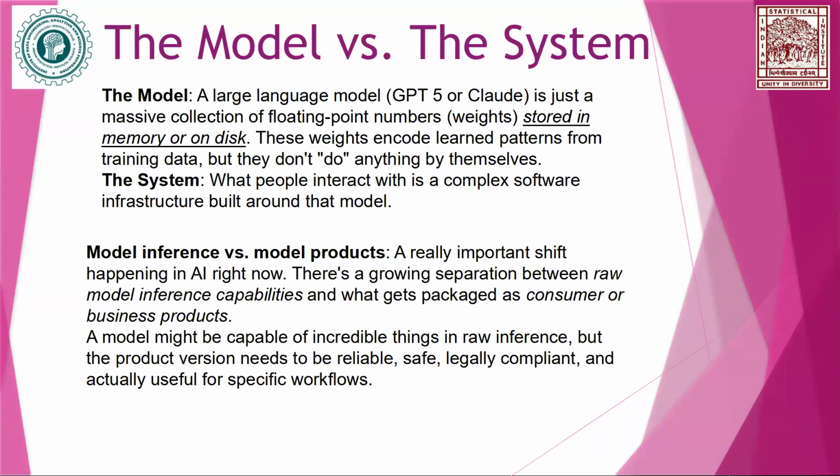That was the raw model inference capability. Now companies, whether it's OpenAI, Google, or Claude, are all moving from raw model inference capabilities to something packaged like a consumer or business product.